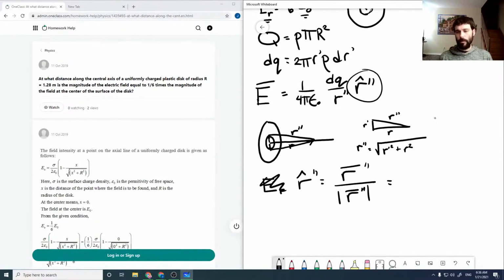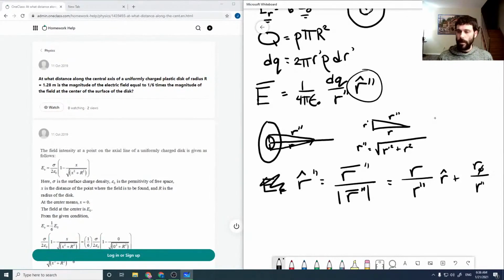But we can write this as r over r double prime, where r is a regular r vector length, and that would be in the r hat direction, plus, let's just call it r phi.